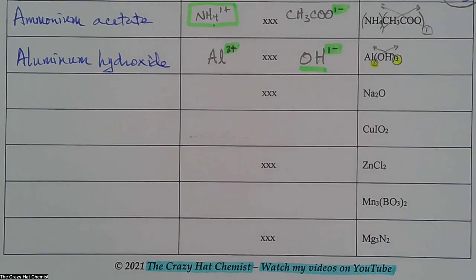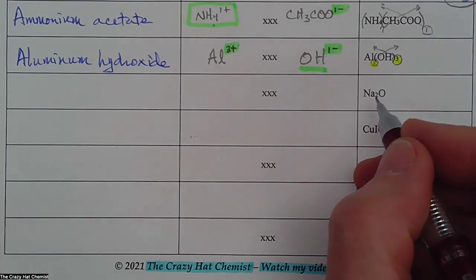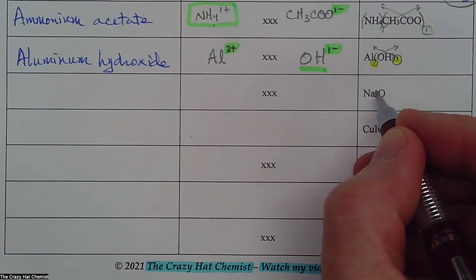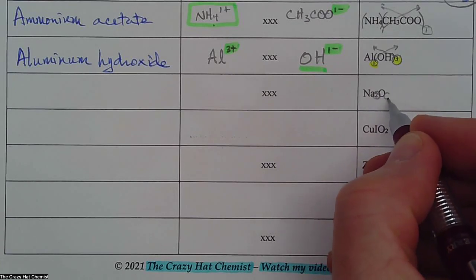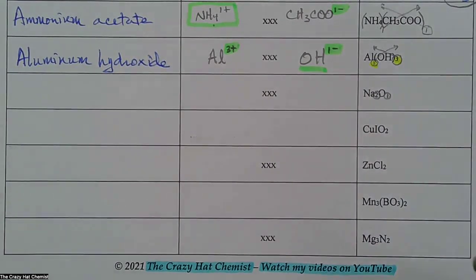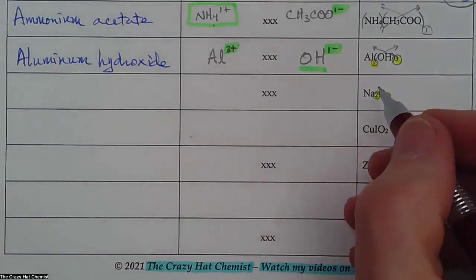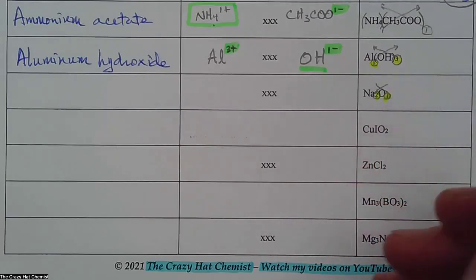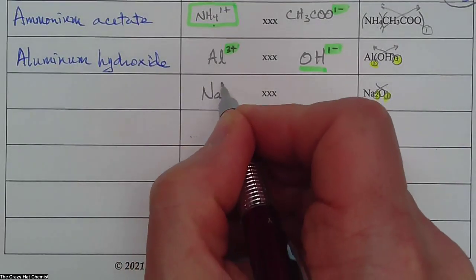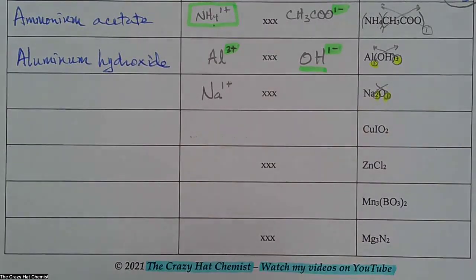Okay. So this next one is Na2O. I'm going to circle that number, and then circle this number, and that is a 1. So I'm going to take this highlighted number 2 and highlighted number 1, flip and bring them up. That will give me an Na with a 1, and cations always come first.